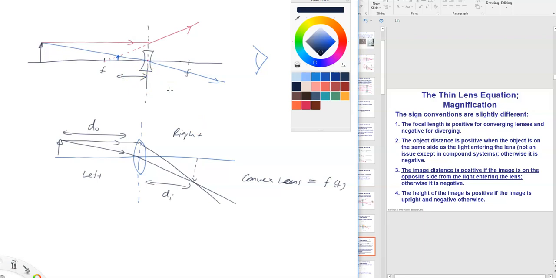Height of the image is positive if the image is upright, negative otherwise. So this image height is negative because it's upside down. This image over here, HI, is positive.